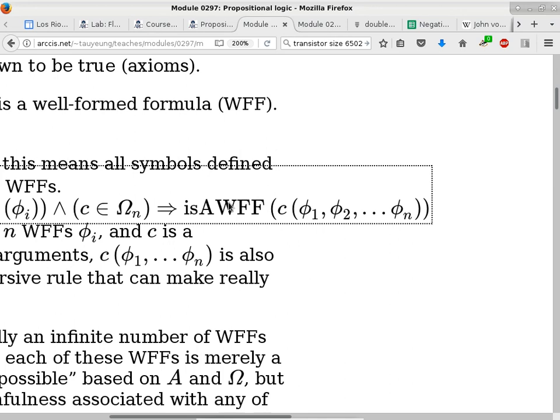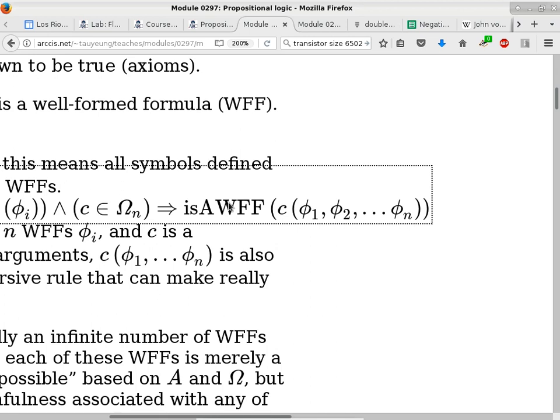Okay, so are we okay with this or not? Because this is kind of like a more abstract description of what is well-formed. The key idea is if you have a connective that requires a particular number of parameters, you can only supply that many operands to that operator. Then that operator becomes a well-formed formula.